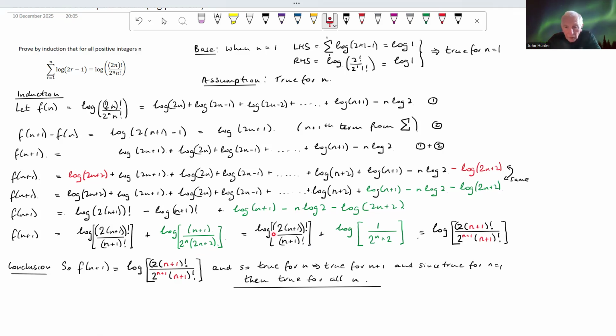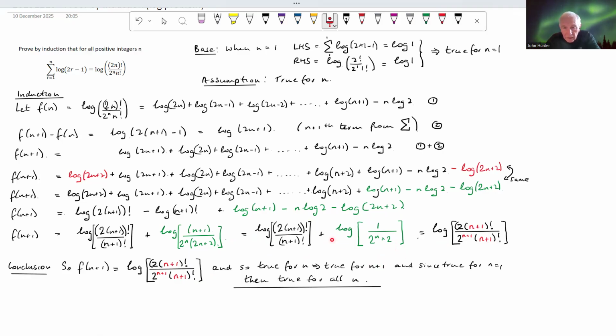Now that we've introduced this term here, we've got cancellation going on there. So this cancels with that, leaving a 2 there. And of course, then we can express that as 2 to the power of n in a moment. Right, so we've got that term. That's simplified with the n plus 1 cancellation going on.